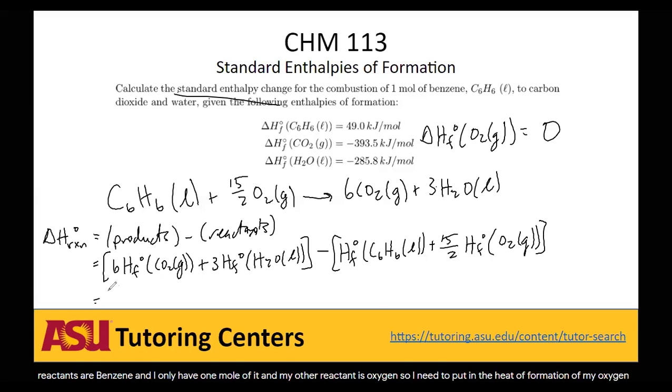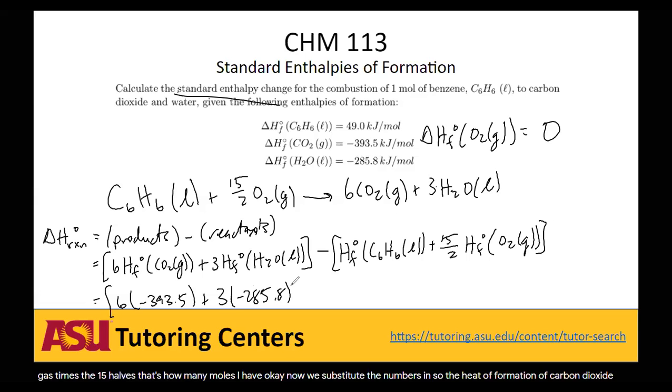Okay, now we substitute the numbers in. So the heat of formation of carbon dioxide is negative 393.5 kilojoules per mole. The heat of formation of water is negative 285.8 kilojoules per mole. Heat of formation of benzene is 49 kilojoules per mole.